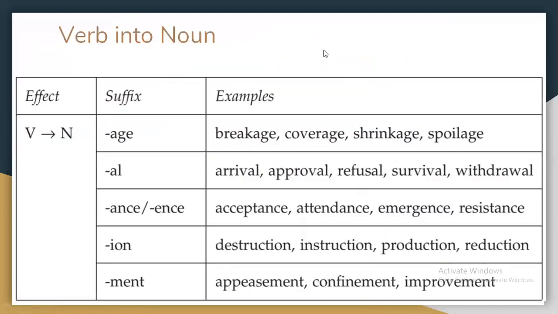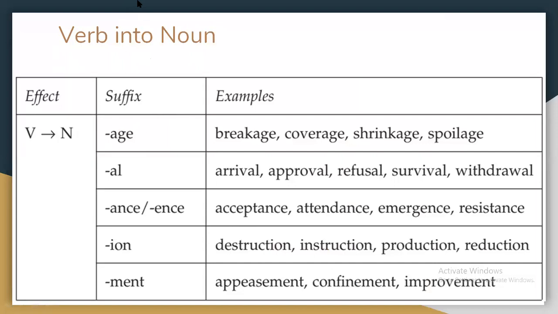Now to see how morphology changes word class, verb into noun. There are so many suffixes. Mostly we use suffixes to change word class.